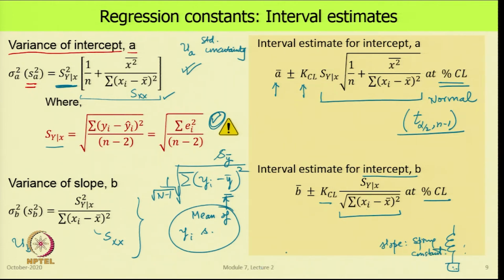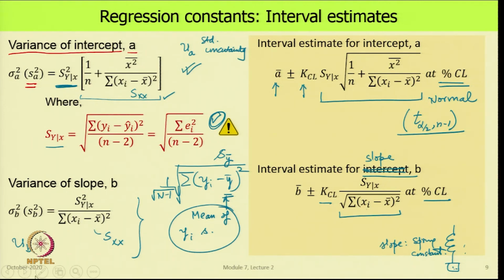So, that is an example where we are interested in the slope. Sorry, this is not intercept, this should be slope. So, this is the interval estimate of the slope B, this is the interval estimate of the intercept A, and that is everything that we were looking for.